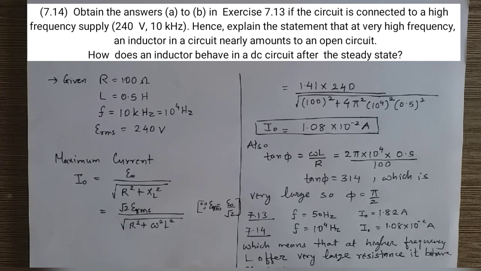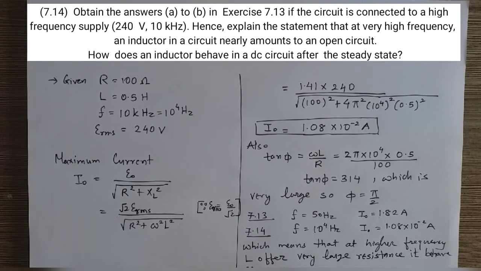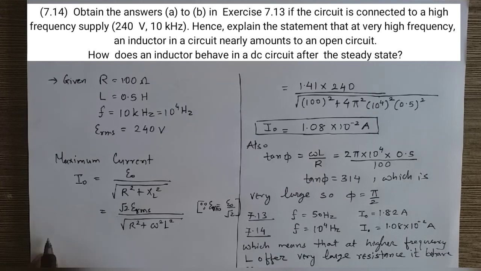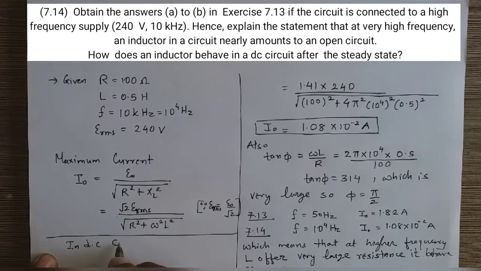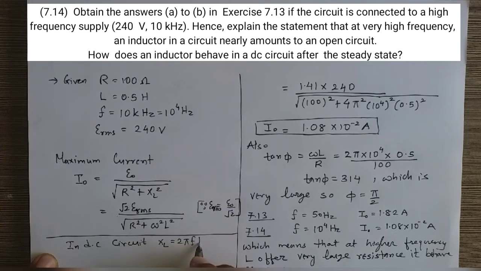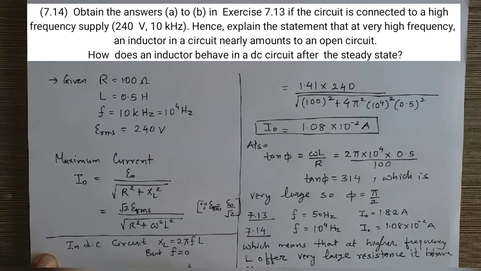Clear? Now in a DC circuit, we know that XL is equal to 2 pi f L. But the frequency f is equal to 0, therefore XL is equal to 0.